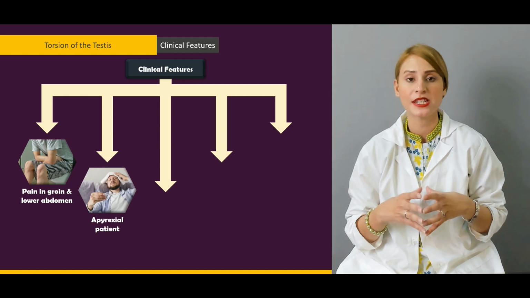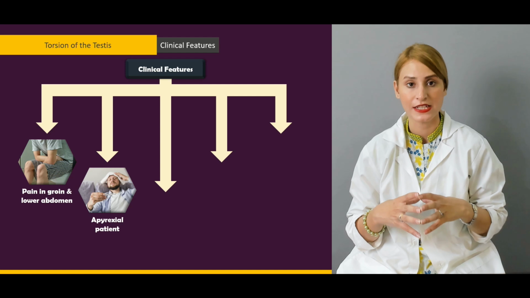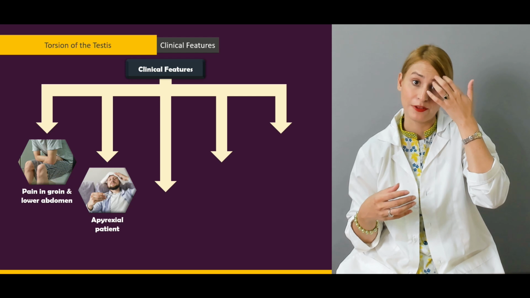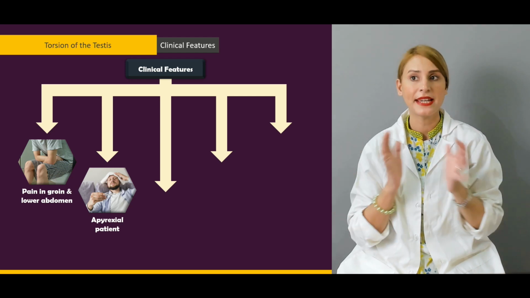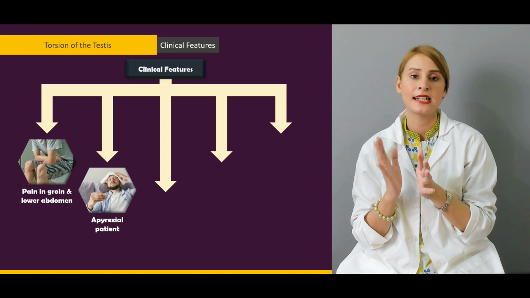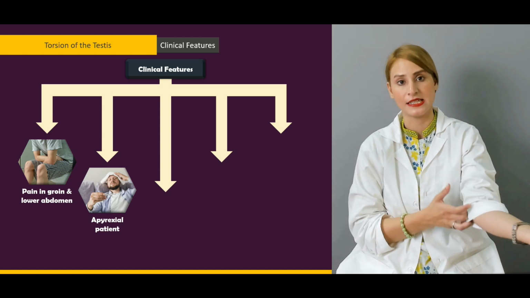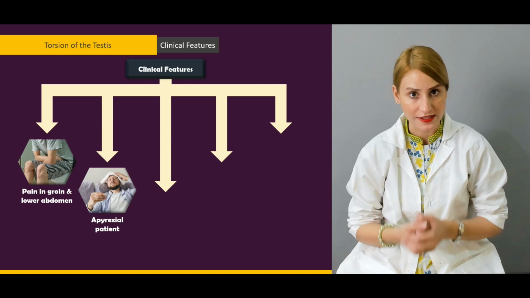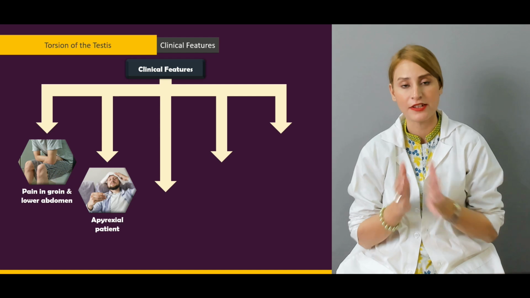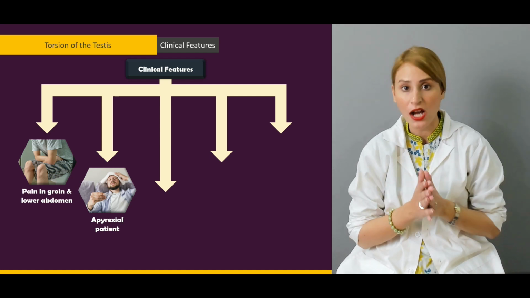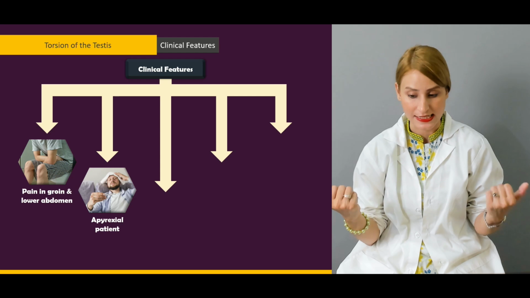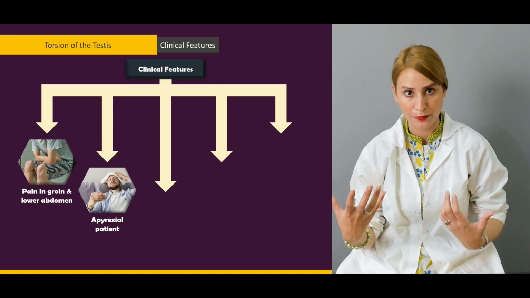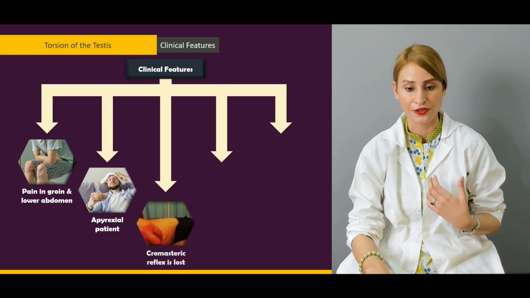The other important clinical feature is that the patient would be apyrexic, that means afebrile, because torsion and epididymo-orchitis both are painful and both present with scrotal swelling. So if there is a pyrexia and the patient is febrile, you'll think about epididymo-orchitis. And if there is no fever, you will particularly think about torsion of the testes.